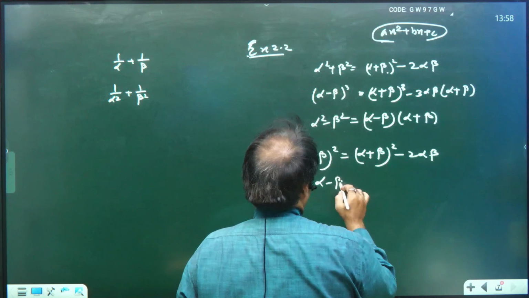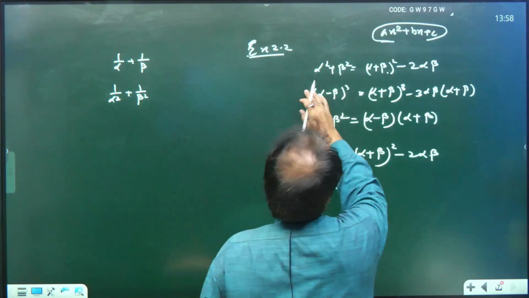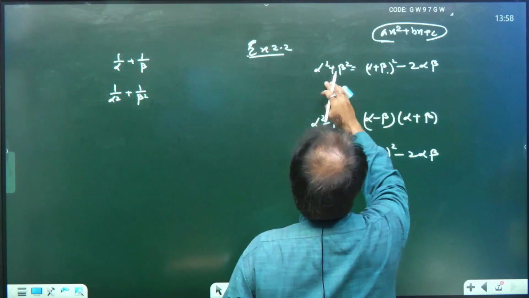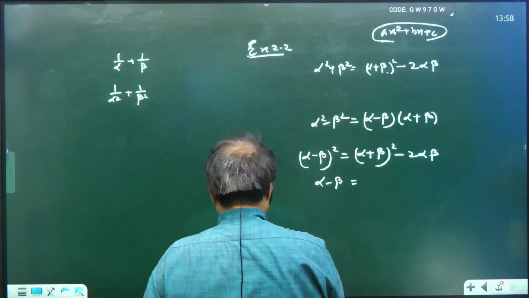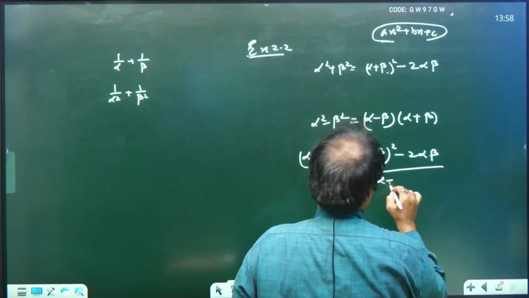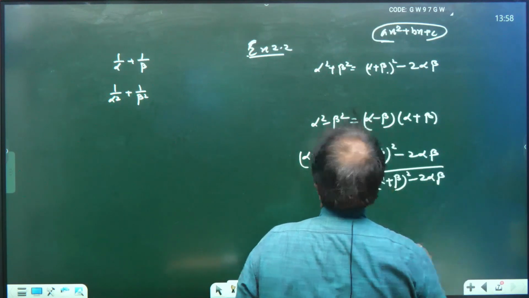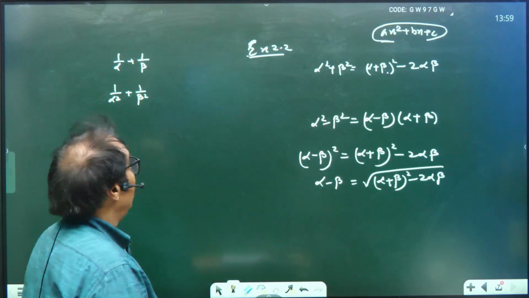So alpha minus beta is equal to root over alpha plus beta whole square minus 4 alpha beta. Sometimes this is not applicable.